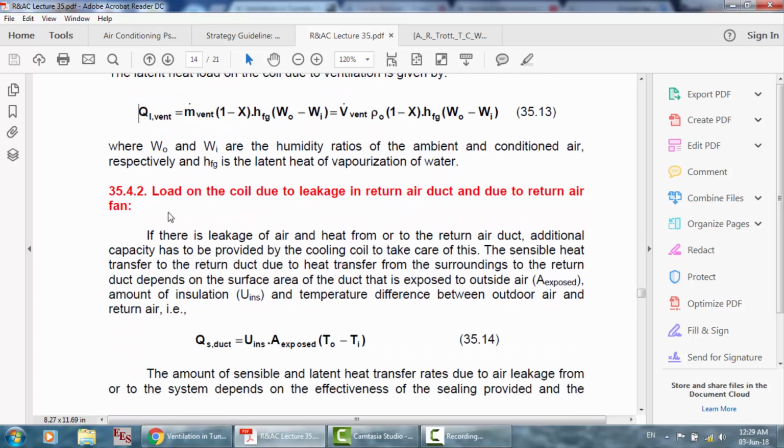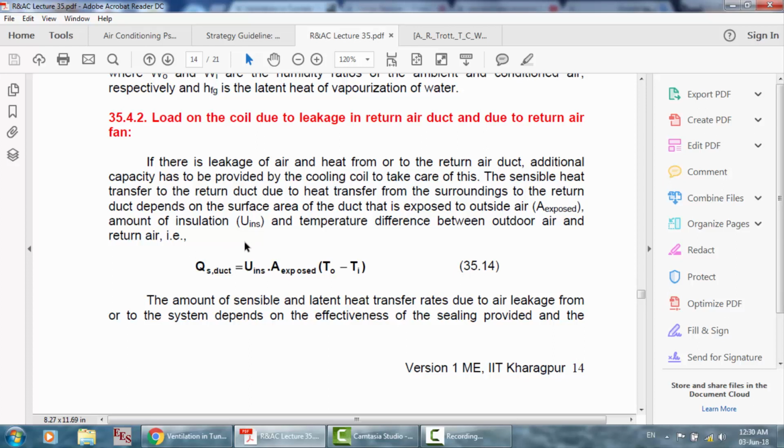And the load on the coil due to leakage in the return air duct and due to the return air fan: if there is leakage of air and heat from or to the return air duct, additional capacity has to be provided by the cooling coil to take care of this.